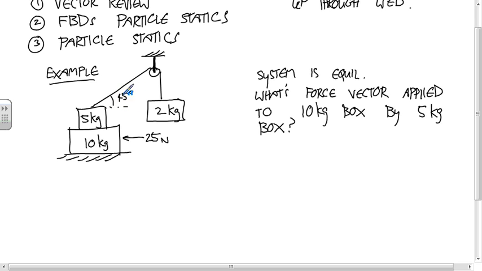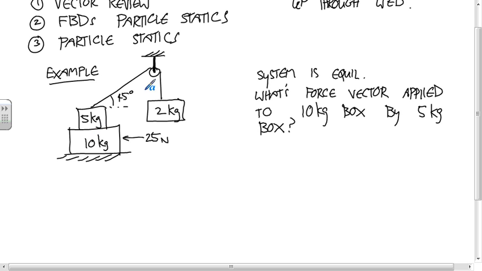If you could calculate the horizontal component of this tension force, if it's anything other than 25 newtons, then you know there's a net horizontal force and this thing will slide. For our purposes, let's just say, and either way, even if that is 25 newtons, there has to be friction between these two if this is going to be in equilibrium.